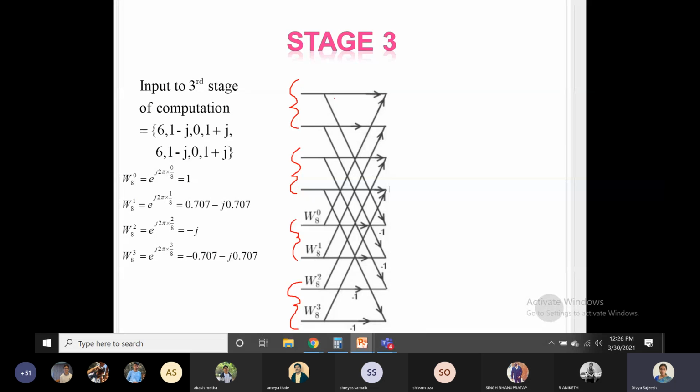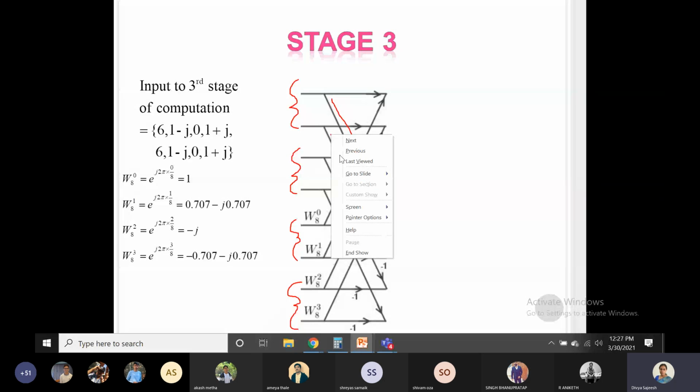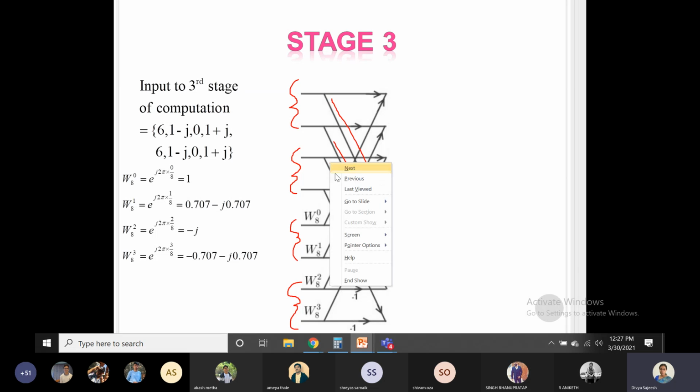Now how to drop the lines here? From the first you will be dropping the line to the 5th, then from the second you will be dropping the line to the 6th, then from the 3rd dropping the line to the 7th, then from the 4th you will be dropping the line to the 8th.